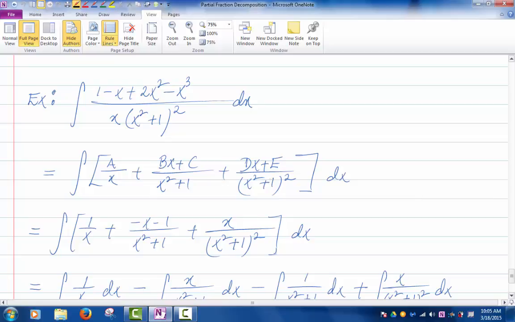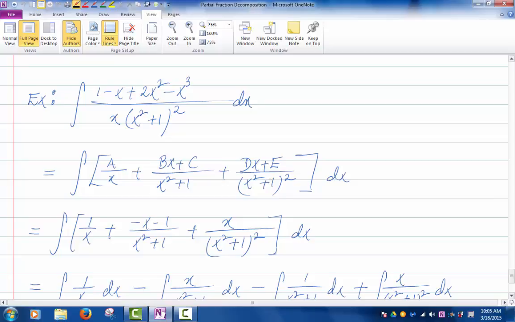For the irreducible quadratic factor x squared plus 1, because it has multiplicity 2, we are going to get two terms in the decomposition for that factor. The two terms would be Bx plus C over x squared plus 1 and Dx plus E over x squared plus 1 squared.